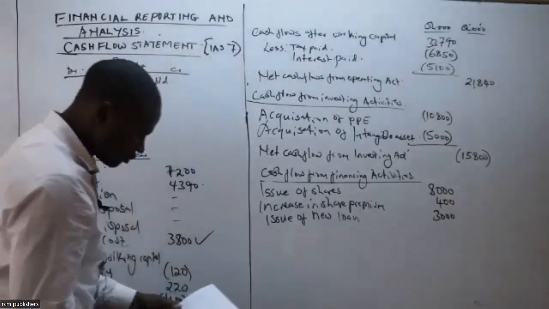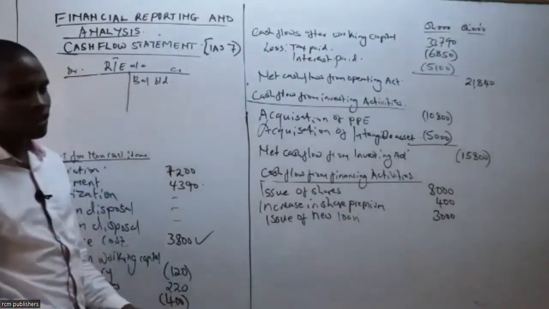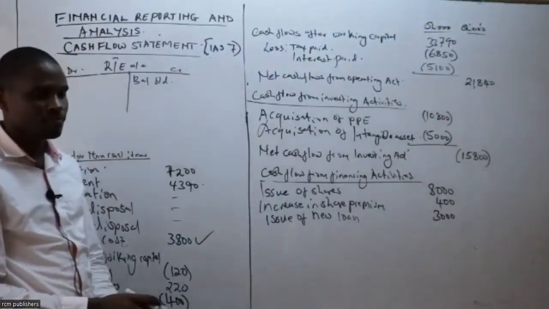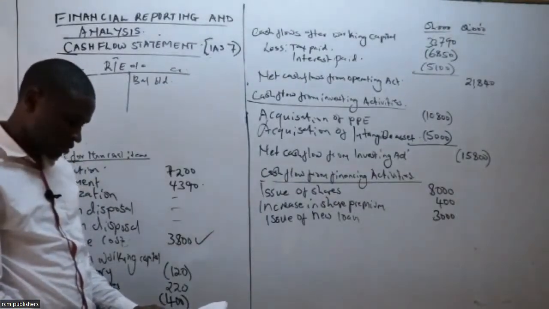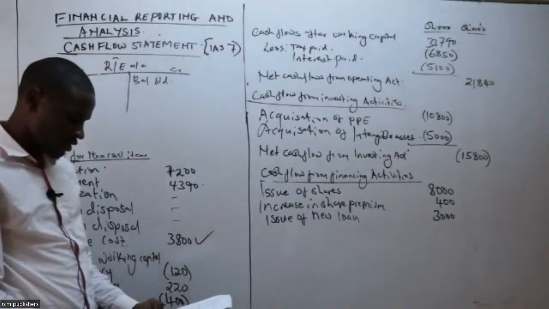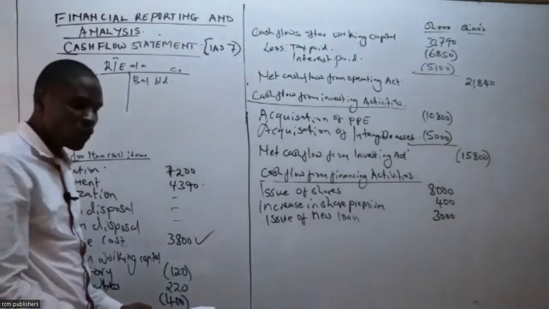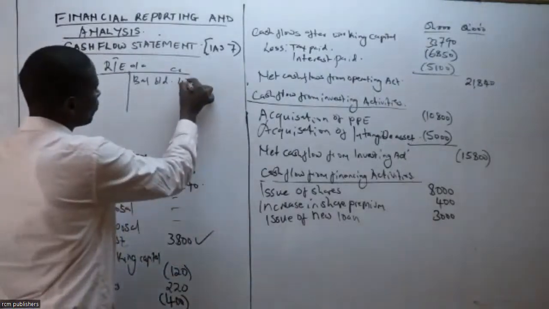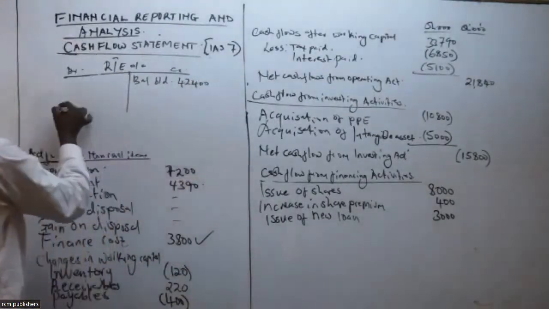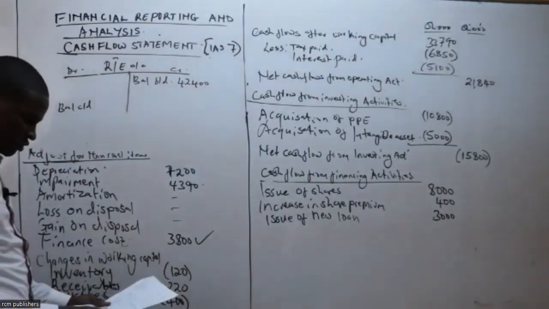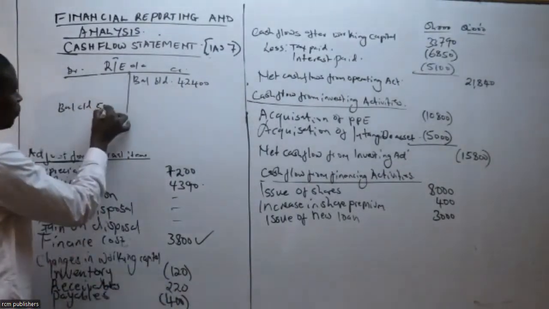Brought down. So can you give me the balance for our retained earning? Balance that was brought down. Retained earnings just there. Haina maneno hiyo. Retained earning yetu. How much retained profit? 42. Can you see 42,400? 42,400. And then the balance that is carried down, it is how much? 52,770.